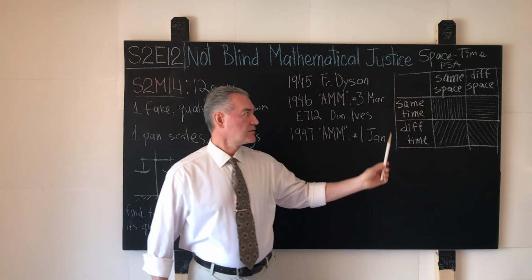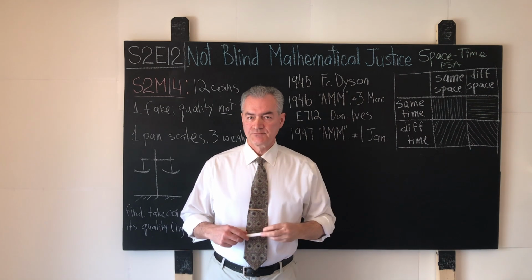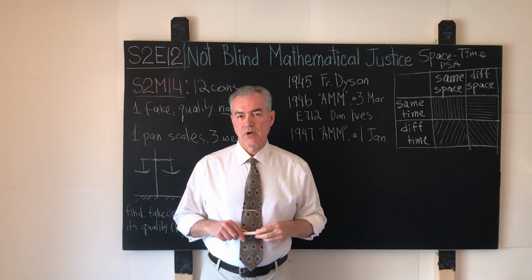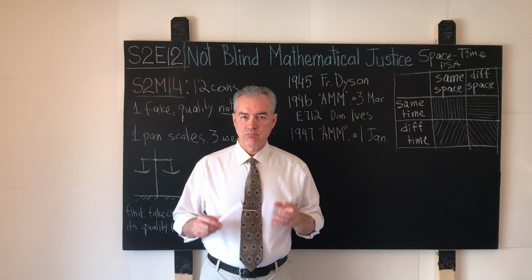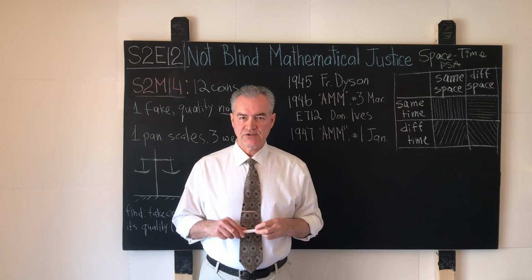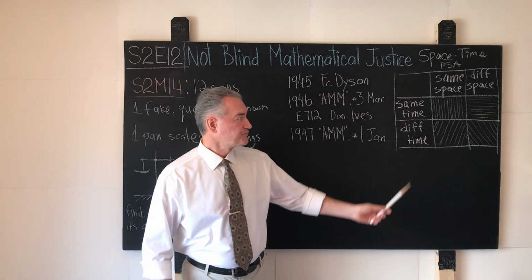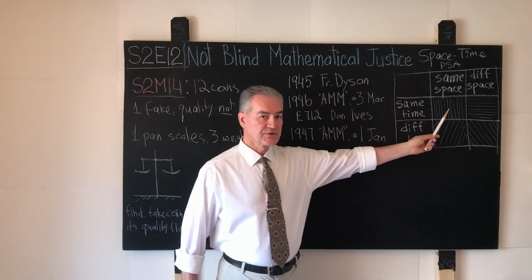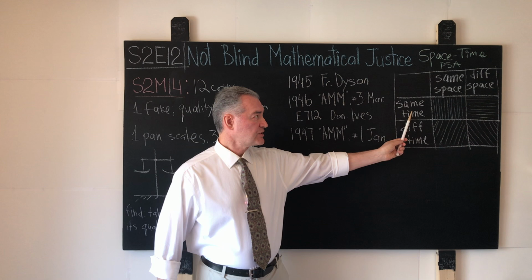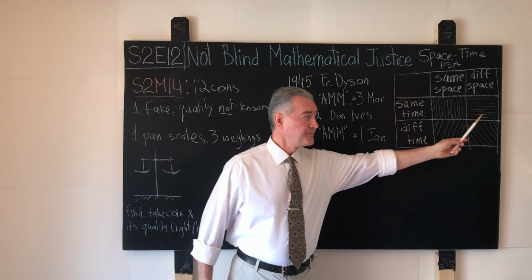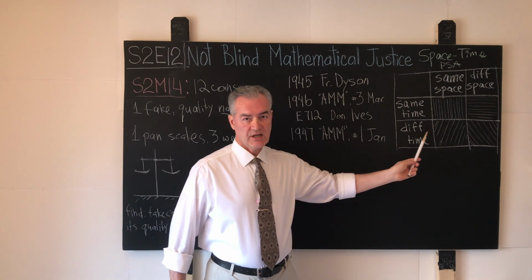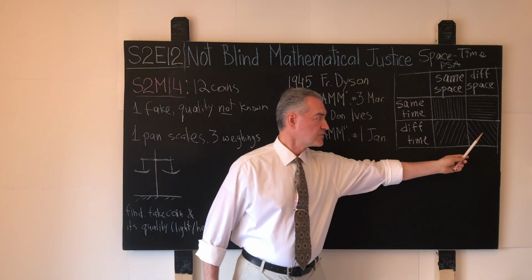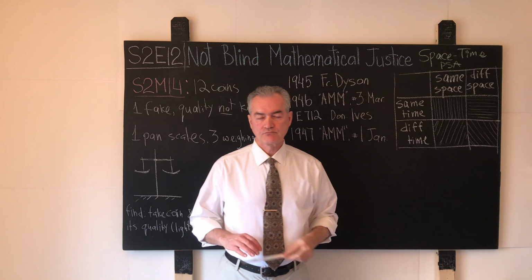It shows that in certain problems, the interaction between the main components or certain events can happen at the same time in the same space, at the same time in different space, at different time in the same space, and at different times in different spaces.